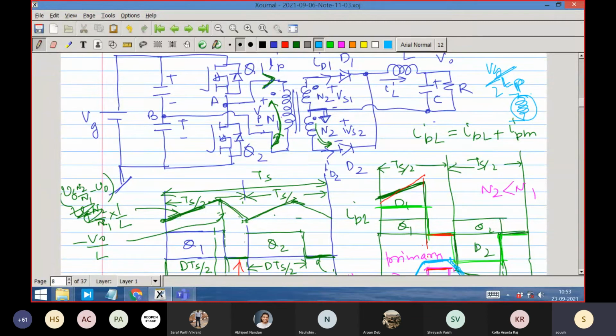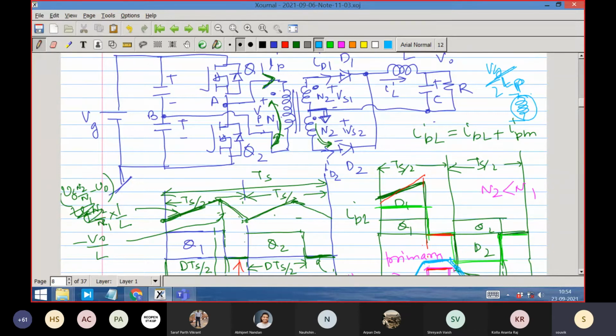Why does this MMF balance happen? Because the transformer says, I must follow the basic law of V equals N d phi by dt. Since V is the same, whether the transformer is loaded or unloaded, it has to maintain the same effective flux inside the core. Loading is a disturbance to the transformer. The load current flowing through the coil is trying to change the flux level.